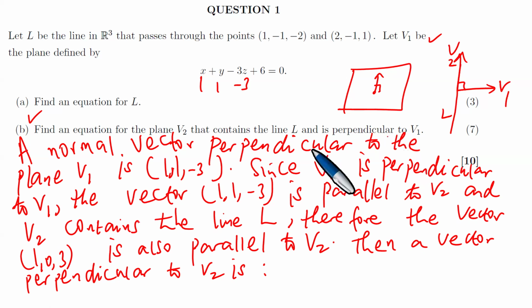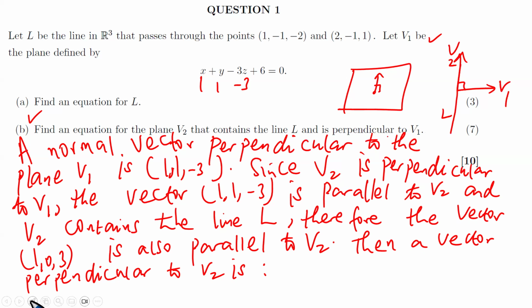This is what we have. So we note therefore here that a normal vector perpendicular to the plane V1 is (1, 1, -3). Since V2 is perpendicular to V1, the vector (1, 1, -3) is parallel to V2.